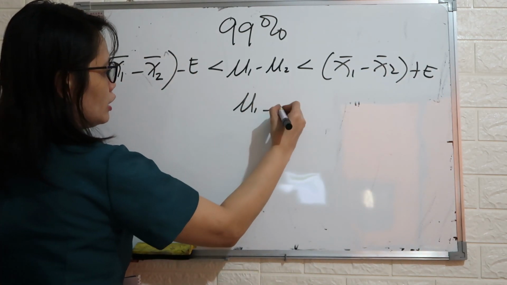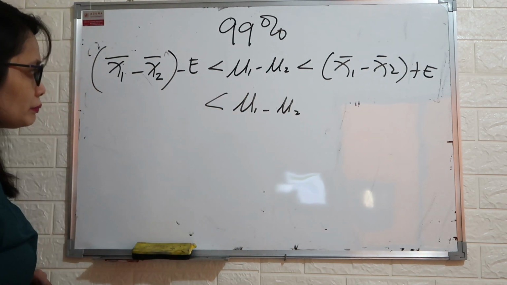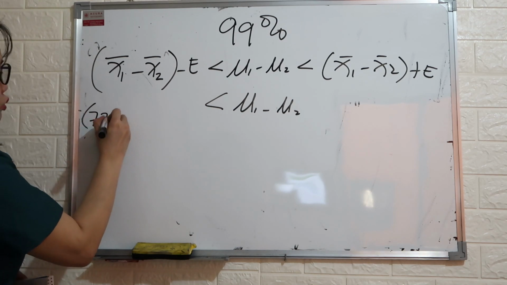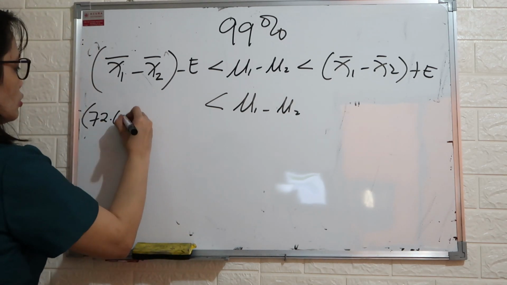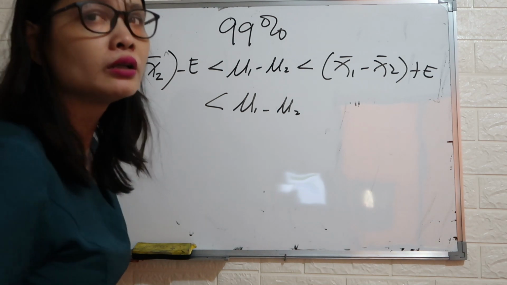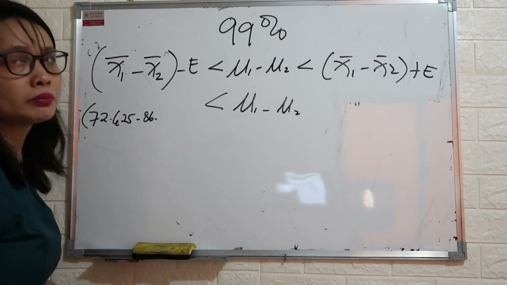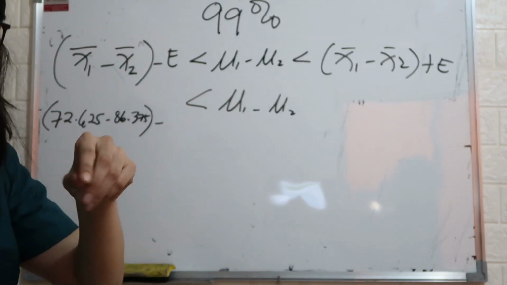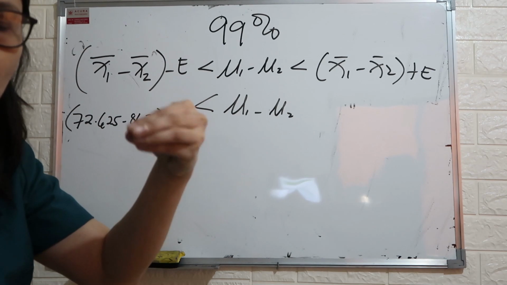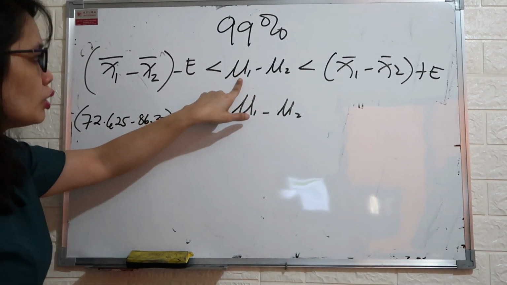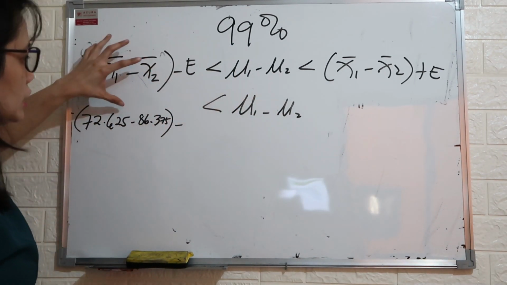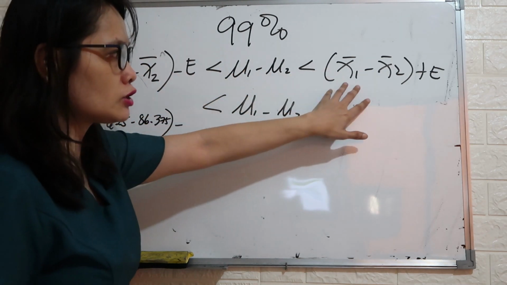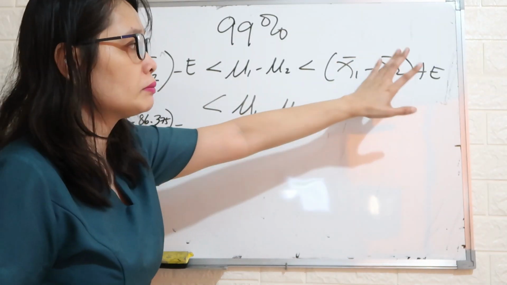So we have 72.625 minus 86. To determine the 99% confidence interval, mu1 minus mu2 greater than the difference of two means minus the margin of error, but less than the difference of two sample means plus the margin of error.